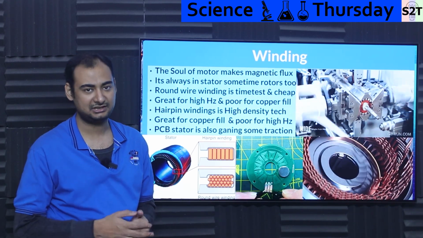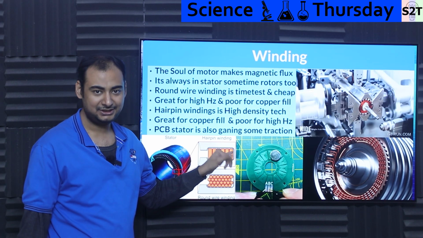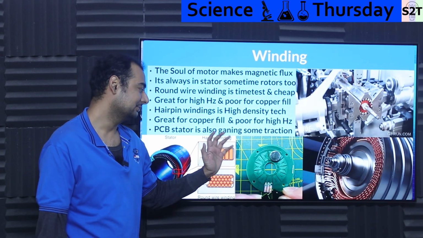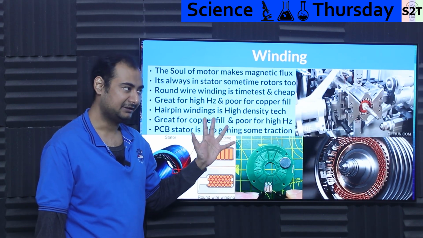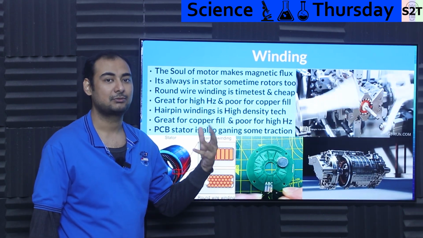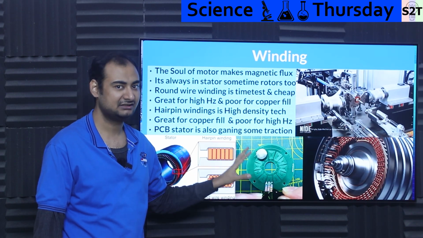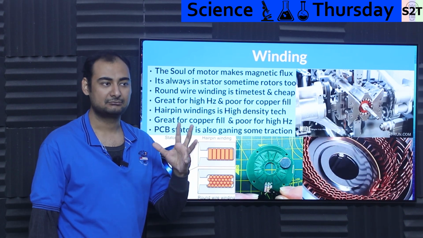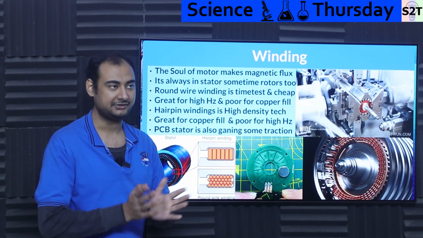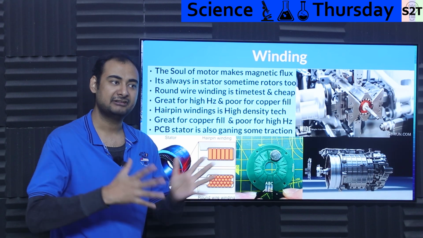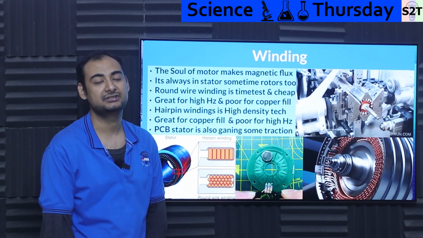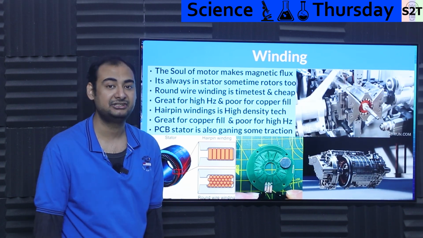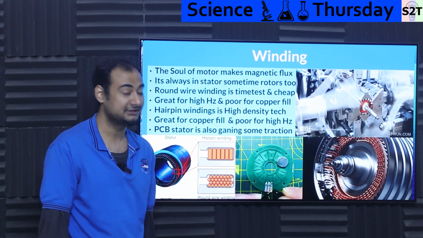And there is a third child in the play, that is the PCB stator. Now PCB stators are completely unique, completely new, so to say. This puppy does have certain benefits, and we can utilize it in an axial flux configuration, where we can directly have a rotor and a stator, basically the whole package, that is so power dense that we can finally have a direct drive motor in our wheel, basically a hub motor, where it's powerful enough to have, let's say, 50 horsepower in each motor itself, direct drive.